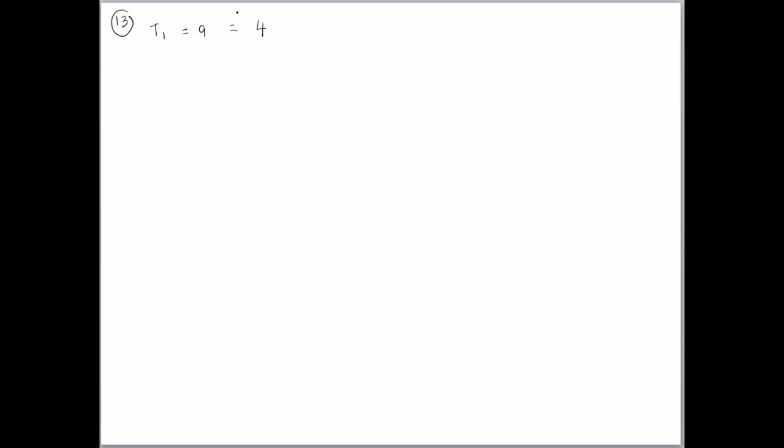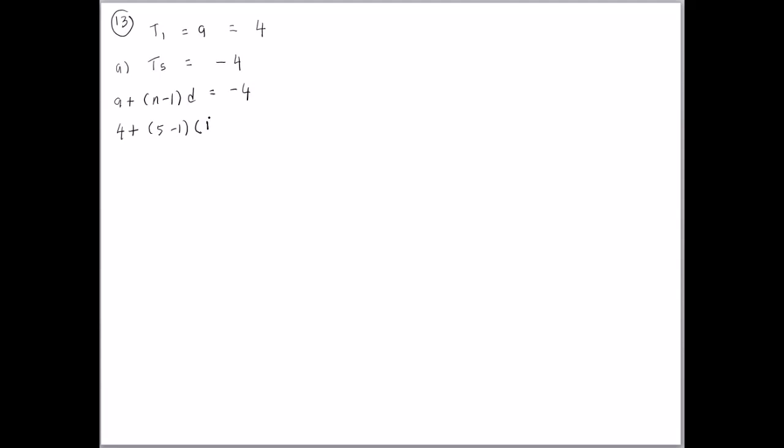And then the fifth term, T5, equals negative 4. We want to find the value for d. T5 equals negative 4, substitute formula for T5, a plus n minus 1 d equals negative 4. a given is 4. And because this is T5, our n is 5 minus 1.